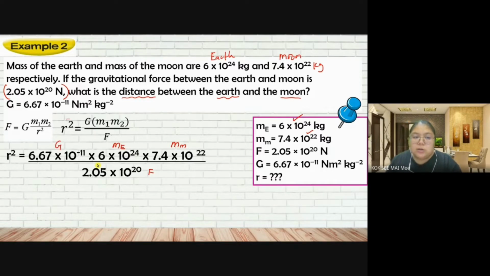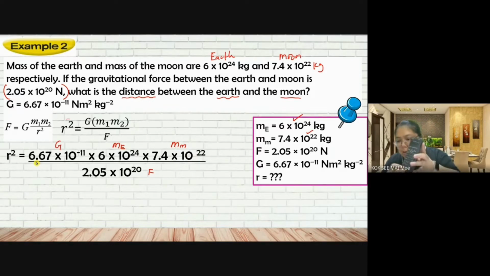So I suggest you don't type 6.67 times 10 power negative 11, because there are so many things to type. You straightforward press the G first. After that, you bracket, then type 6 power 24, then bracket again, 7.4 power 22. One more thing: do you know how to press the power? You just press the pi button.